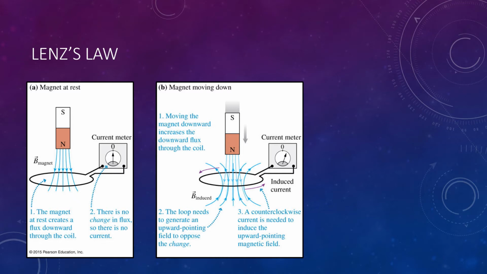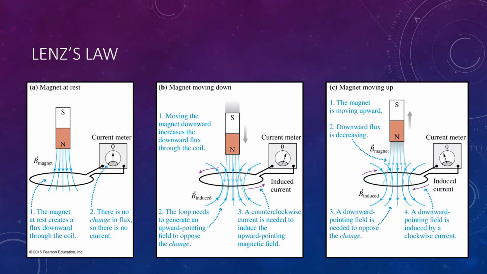Let's do one more. It's the same situation, except this time we're taking the bar magnet and moving it further away. As we move the magnet further away, we are decreasing the field strength in the loop. In other words, the flux is decreasing. If we want to oppose a decrease, well then we want to make a field in the same direction to enhance it, to make it stronger, oppose that decrease.